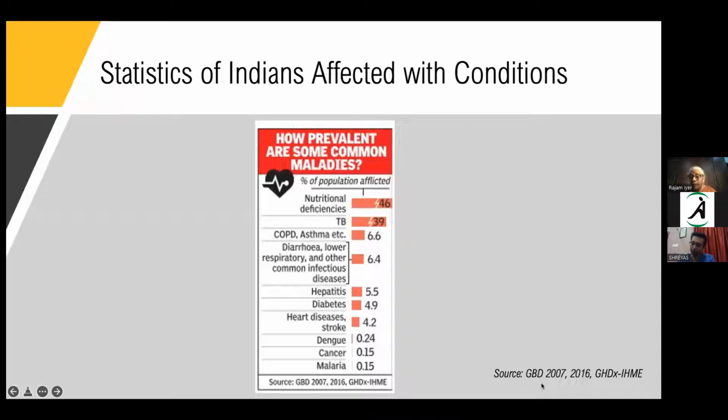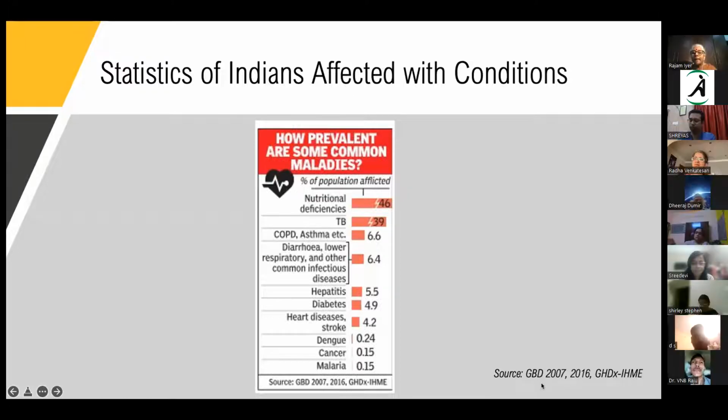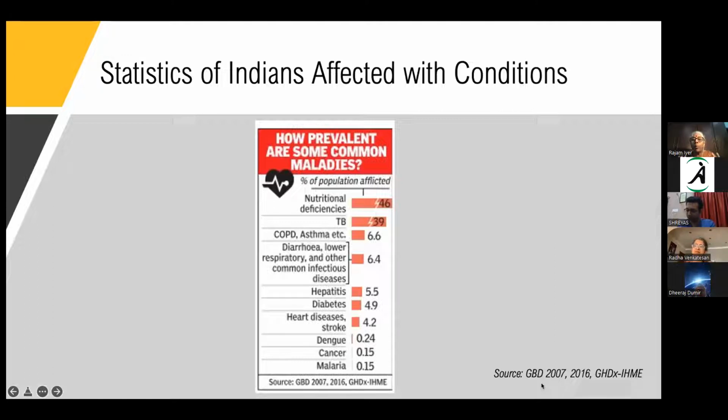But if you compare with the number of Indians affected by non-cancer chronic illnesses, it is way more than the number affected by cancer. So the question here is, if cancer needs to be integrated with palliative care, why should any chronic, progressive, incurable illness be bereft of palliative care?